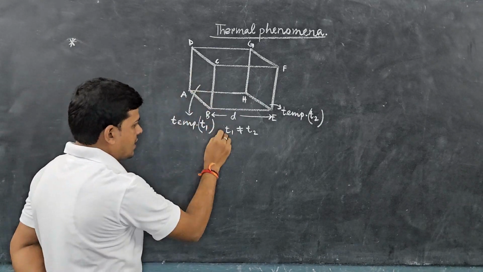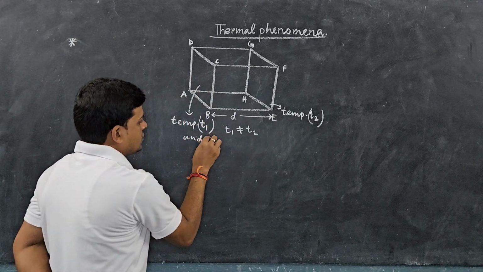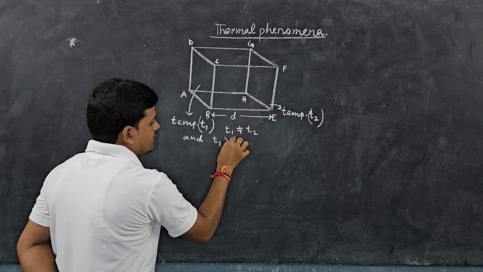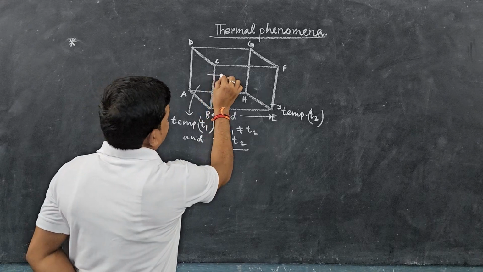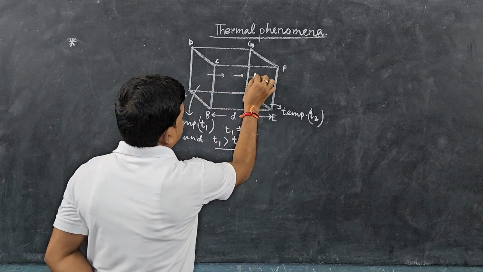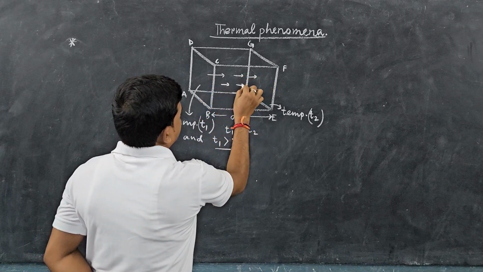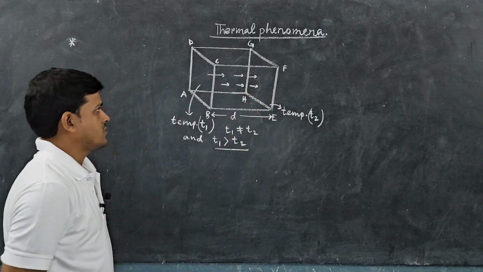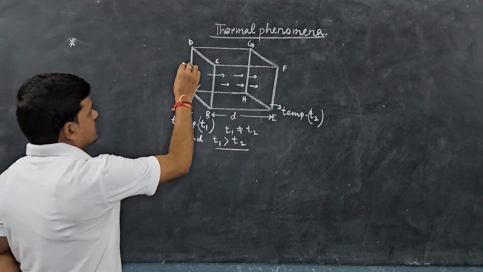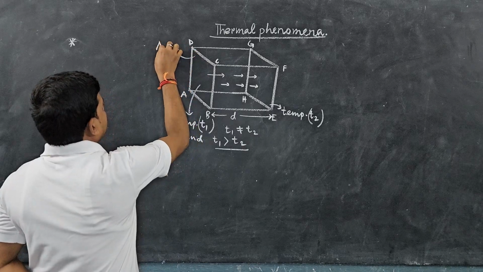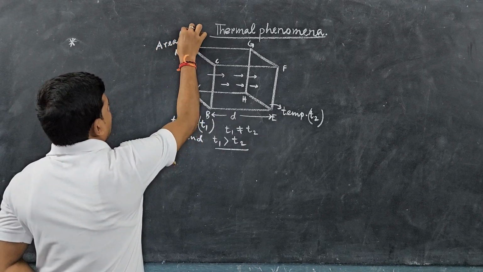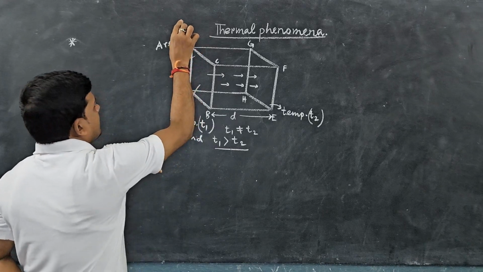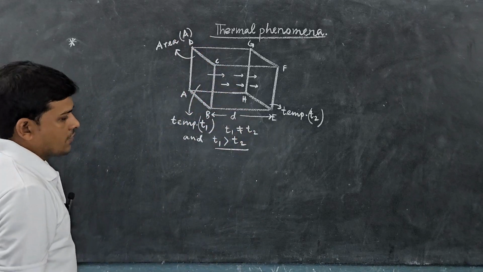Now we consider that T1 is greater than T2, so heat will flow from this surface to this surface. Let the area of the surface be capital A.